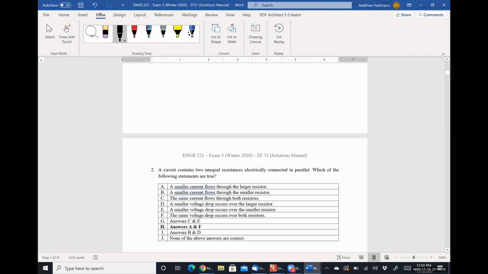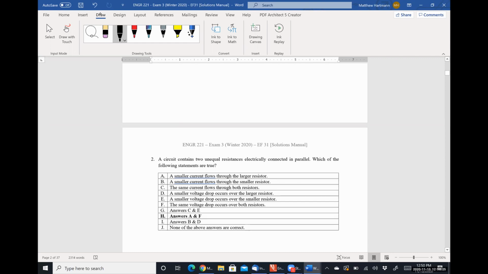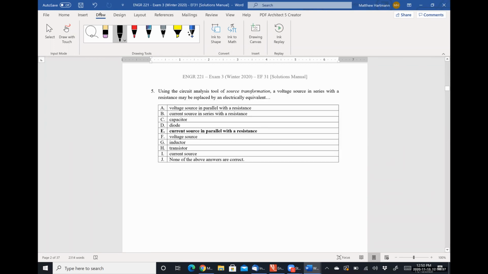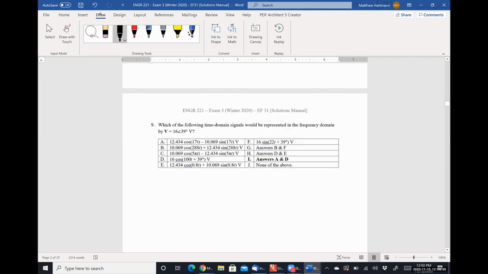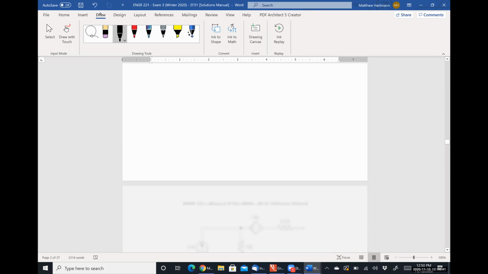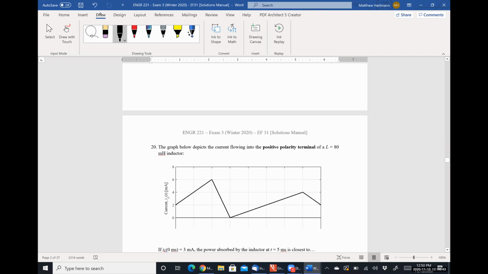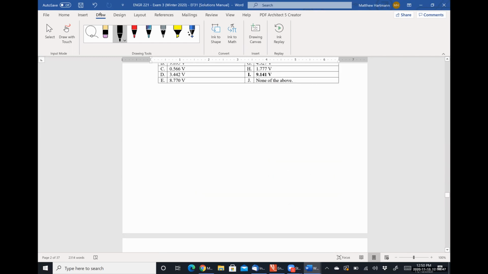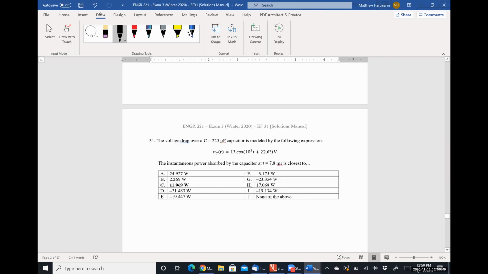Is there a way to just advance the pages? There we go.